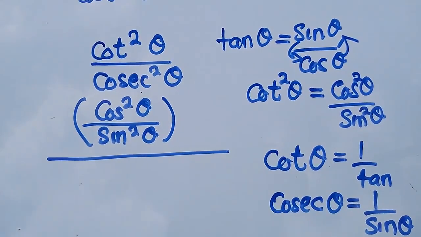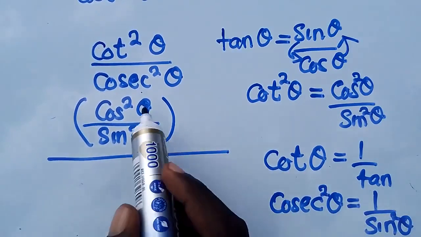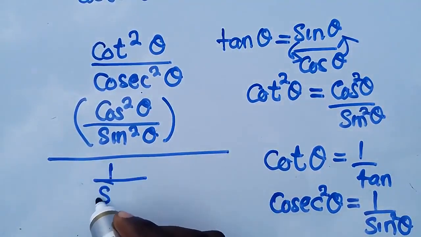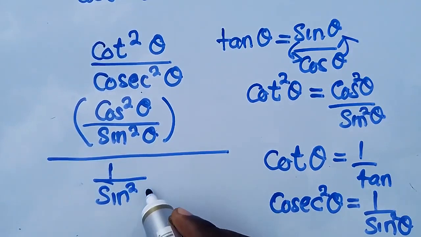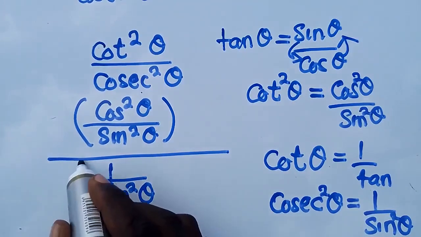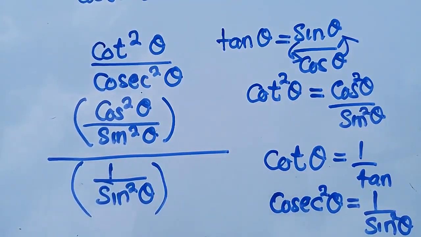So where there is cosec squared, we are also going to put a squared there. So this thing down here is just the same as 1 over sine squared theta. You do this.